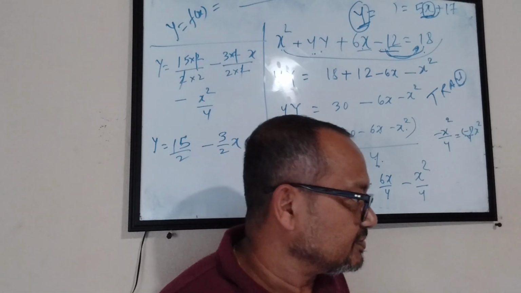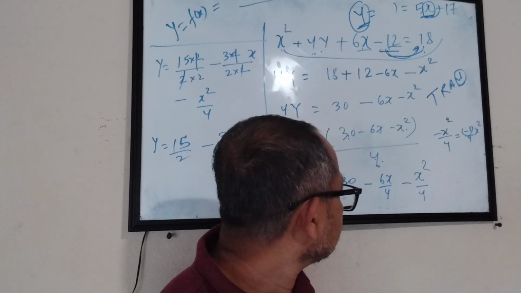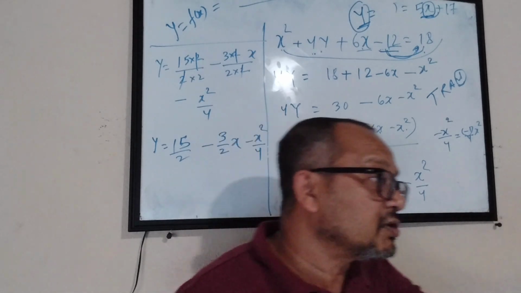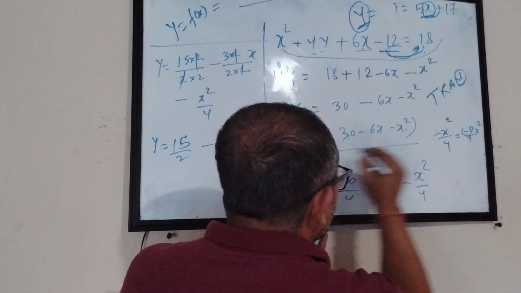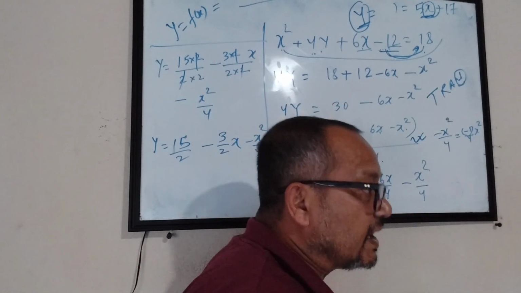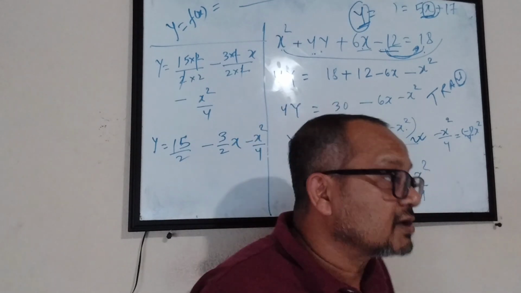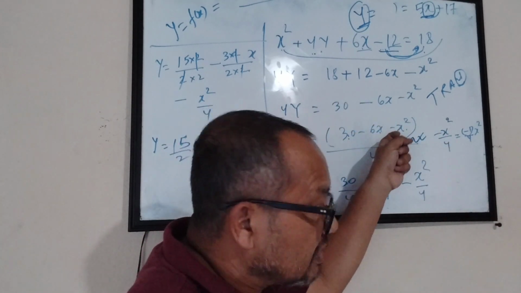Is it okay if I just said y equals 30 minus 6x minus x to the power of 2 by 4? He was asking me if I would have stayed here, would that have been okay? Depends on the question. If you have a multiple choice question where the answer is matching with this, you can pick this one.